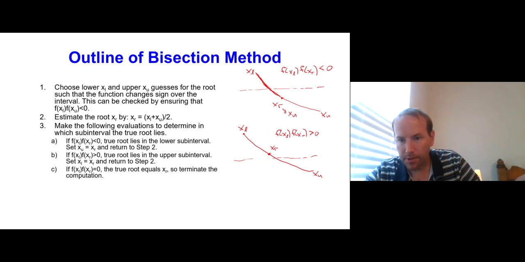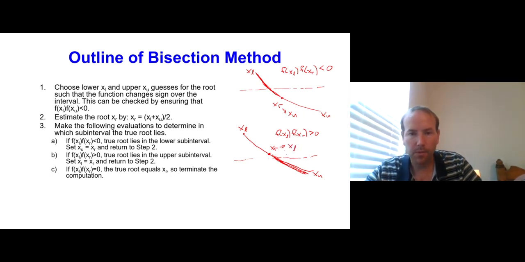And so if their product is greater than 0, then we know that the true root is somewhere on this lower interval. Okay, and so if it's on the lower interval, XR is going to become the new XL, and then we'll reiterate this process again.